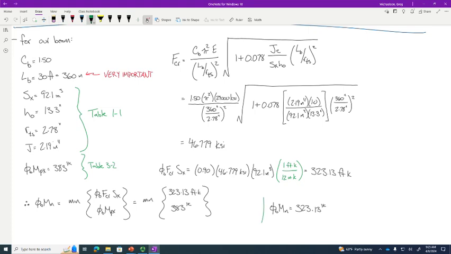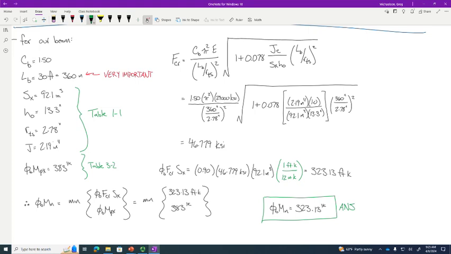That's our answer. And by the way, this is exactly what we did last time. For our last example, we said that phi Mn was the minimum of a pile of junk or phi Mp. And that's kind of what we're doing here. Phi Mn is the minimum of this or phi Mp.